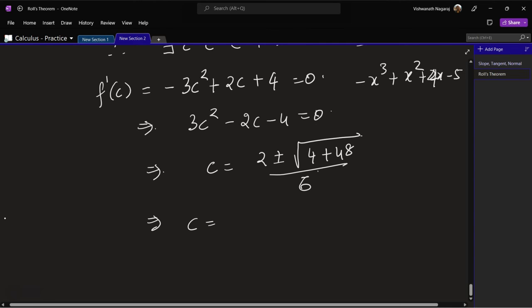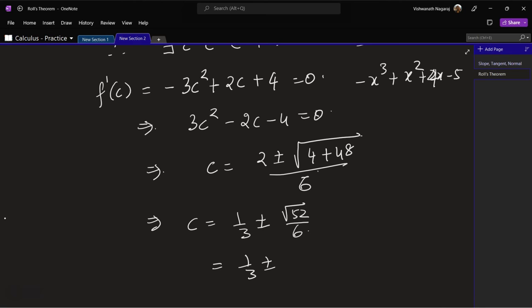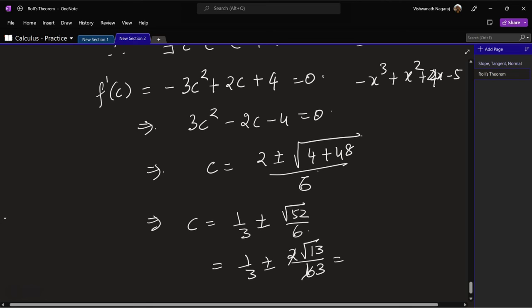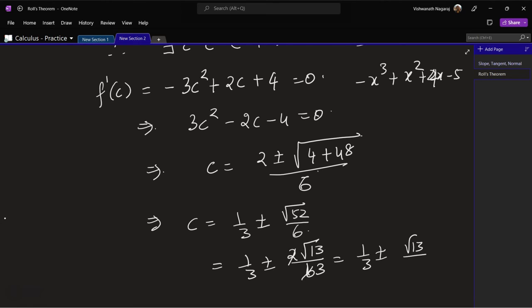Which implies c is equal to 1 by 3 plus or minus. This is going to be root 52 by 6, which is equal to 1 by 3 plus or minus. 52 can be written as 13 fours are 52. So 2 root 13 by 6. So 2 threes, which gives us 1 by 3 plus or minus root 13 by 3.